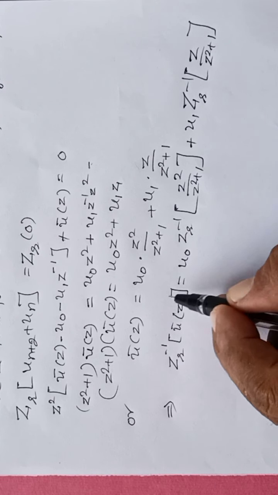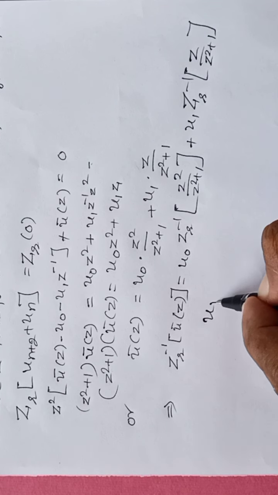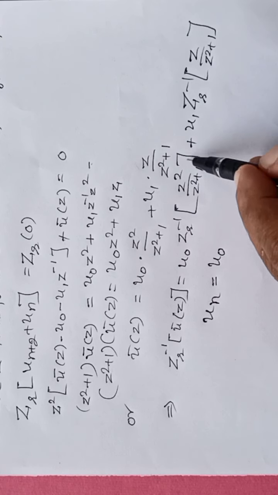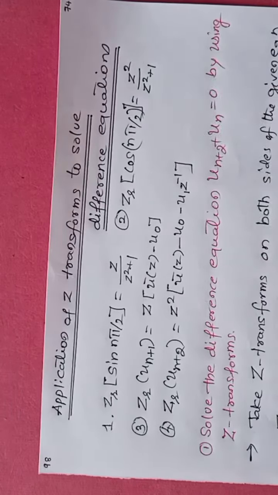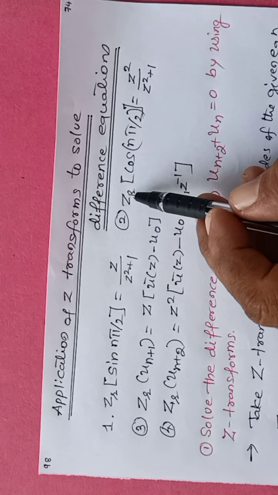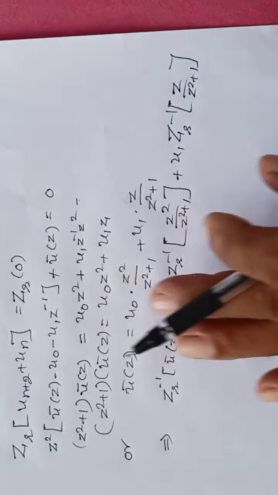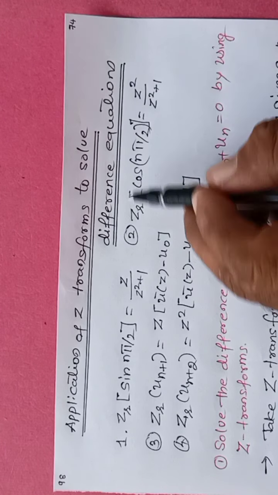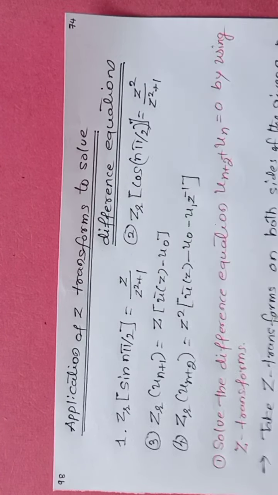Inverse z transform of u bar z is nothing but what we discussed in the last 4 to 5 sessions, it is u(n). If it is inverse z transform, definitely inverse z transform of z square upon z square plus 1 is equal to cos n pi by 2.